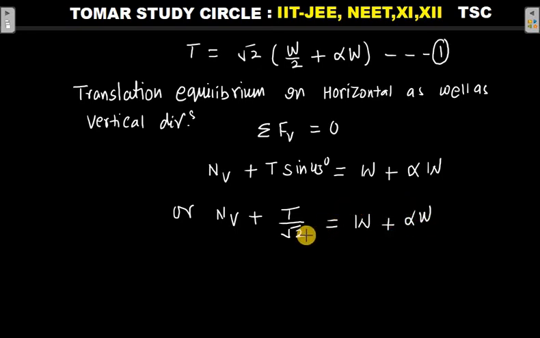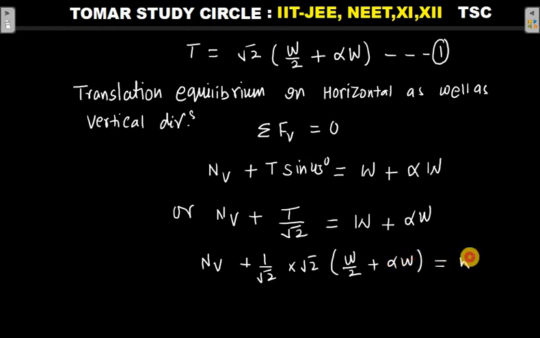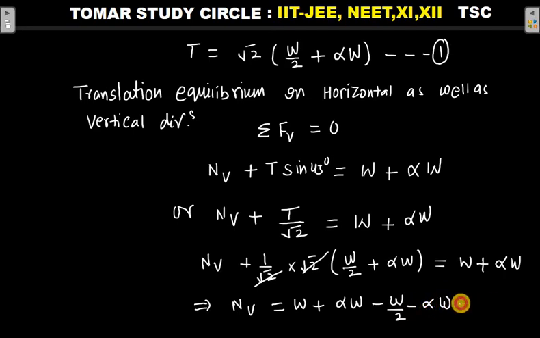On putting the value of T from equation first here, we can write NV plus 1 upon root 2 multiplied by root 2 times W by 2 plus alpha W will be equal to W plus alpha W. Here we cancel out root 2 from root 2, hence we can write NV will be equal to W plus alpha W minus W by 2 minus alpha W. So that is equal to W by 2.